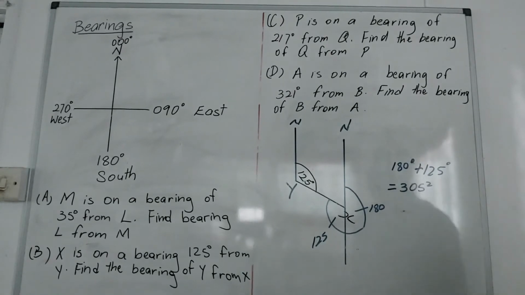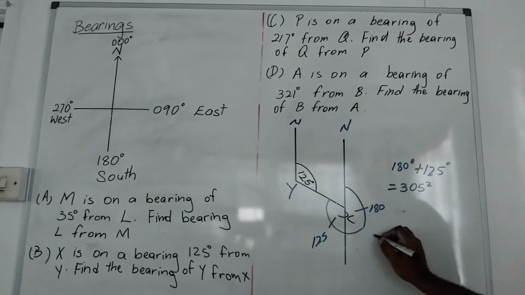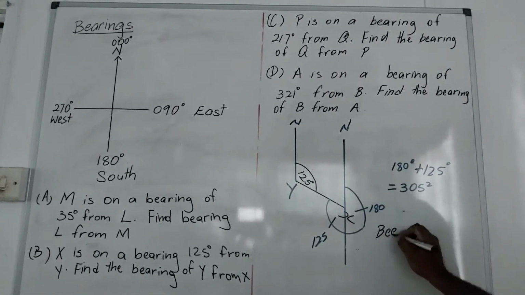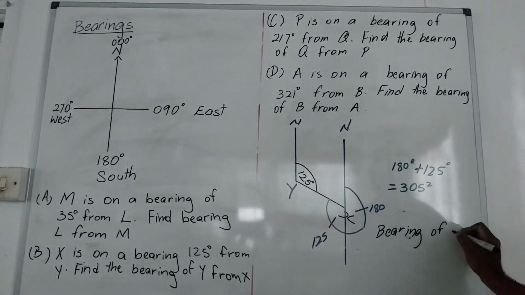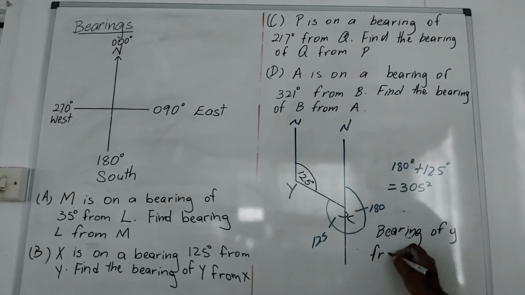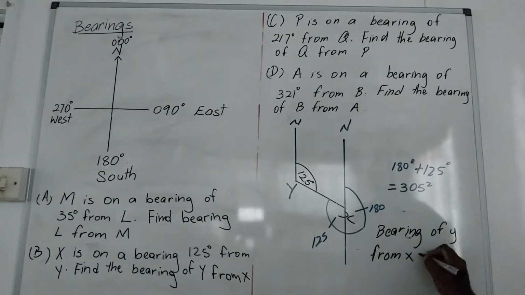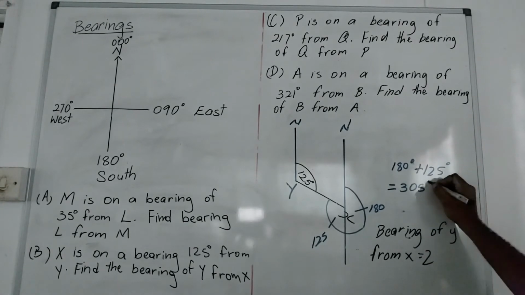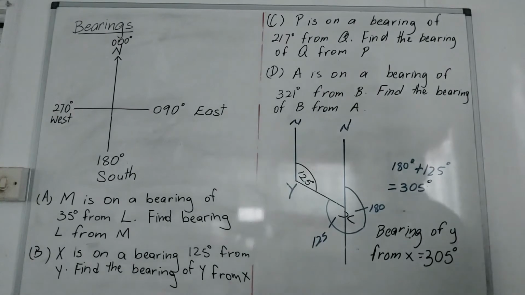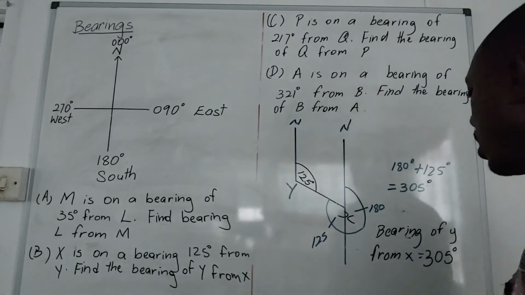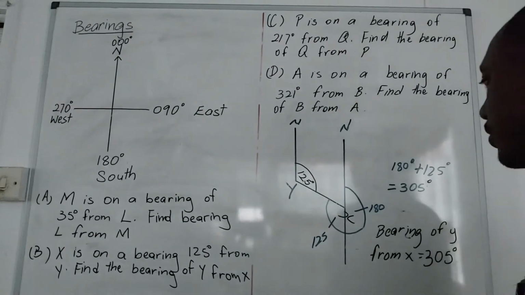Which will give us 305 degrees. So the bearing of Y from X is 305 degrees.